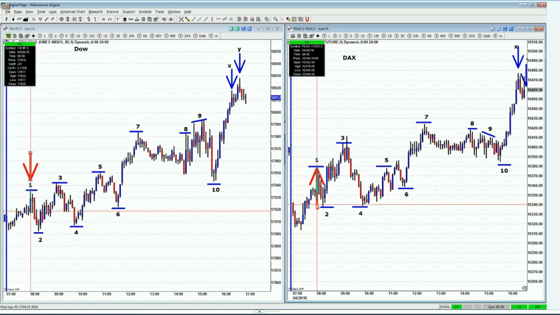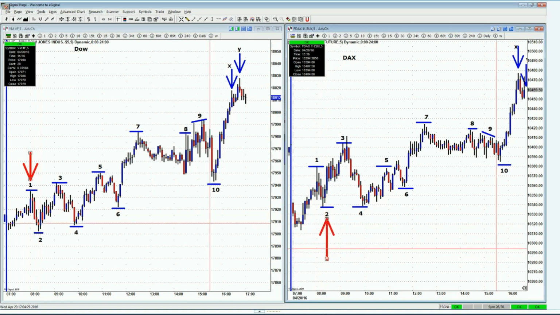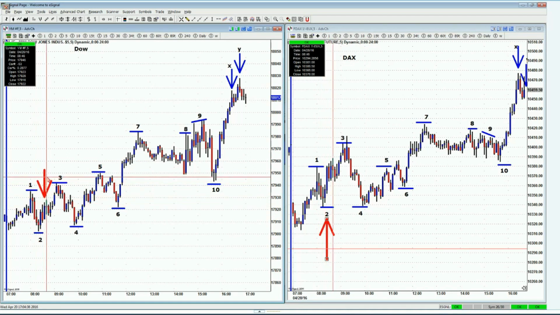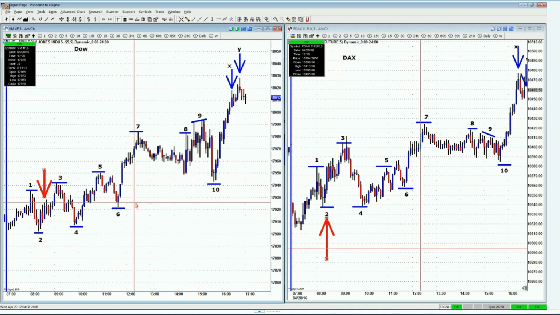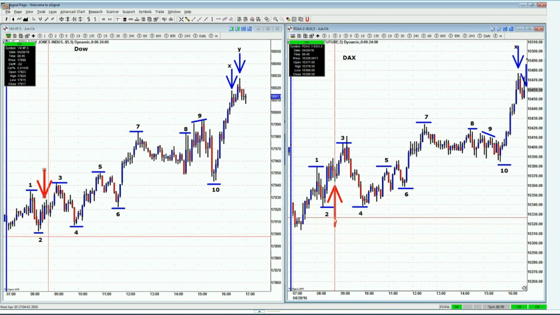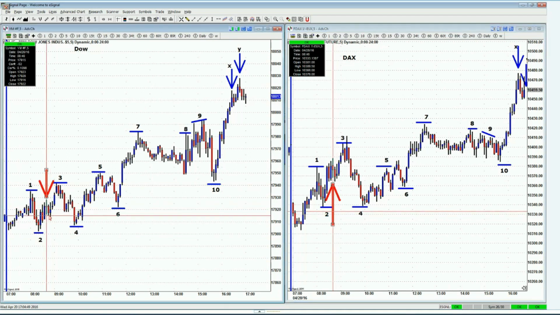Both indices trade a little lower into point 2 and into point 2. This point here, along the way up to point 3, this point here, it hasn't been marked with a number, but the arrows are pointing to it, and the crosshair of the cursor is pointing to it right now.